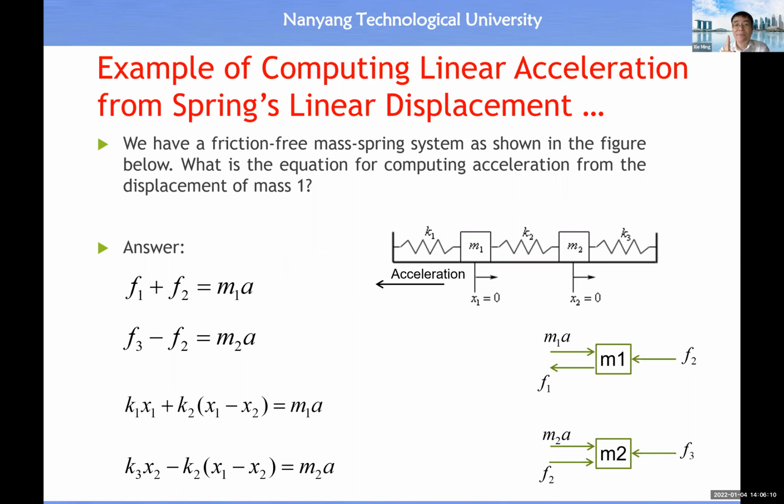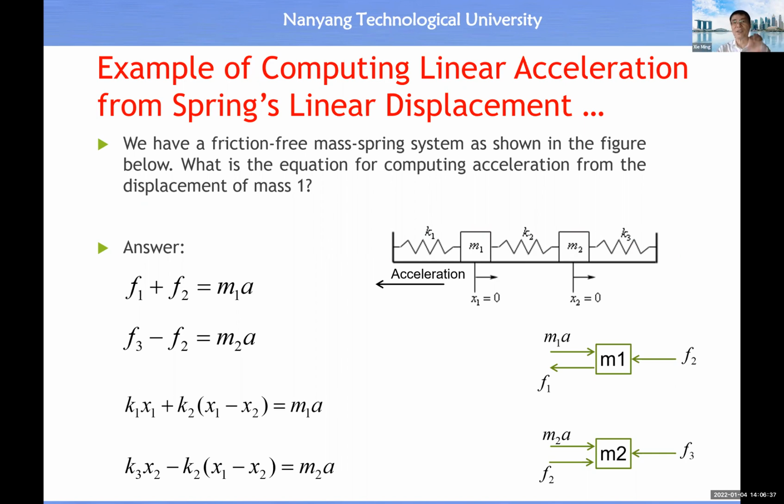Then in this case, assume we know the displacement of a mass m1 from its neutral position. Its neutral position is when x1 equals 0. Okay, when there's acceleration, then x1 will not equal 0. Okay, then what is the equation for us to calculate acceleration from the knowledge of x1.